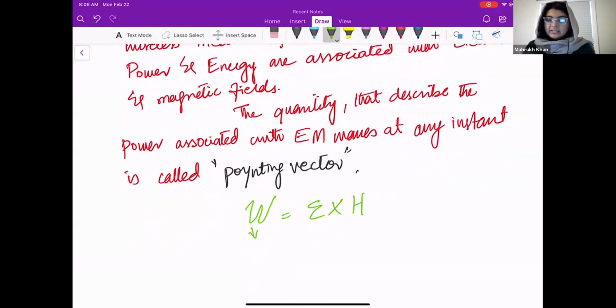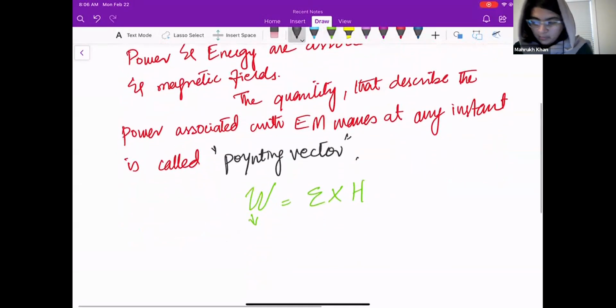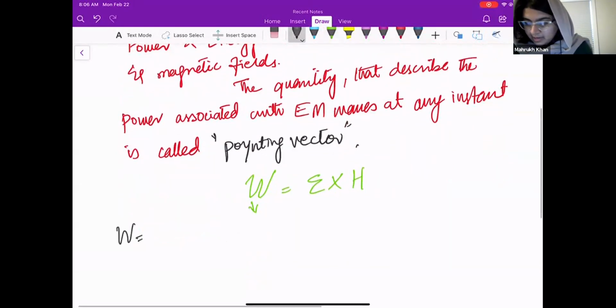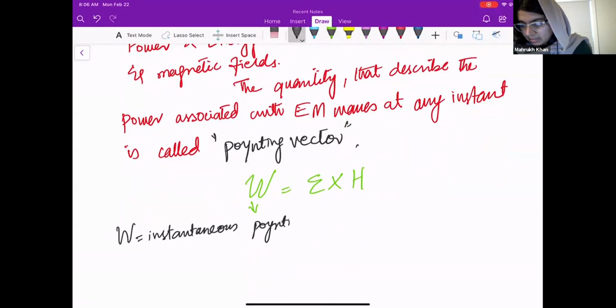So W is the instantaneous Poynting vector, and its units are watts per meter square.